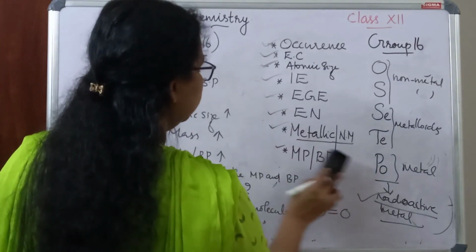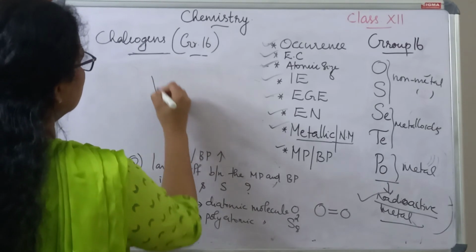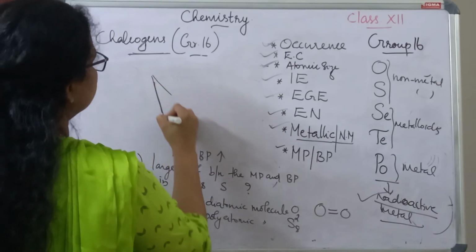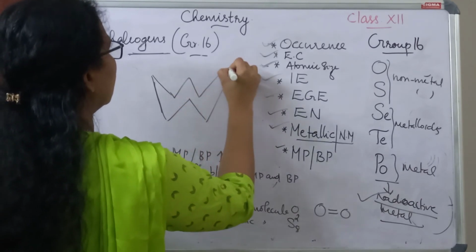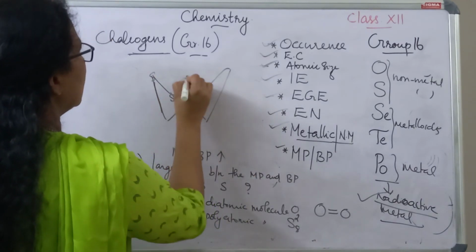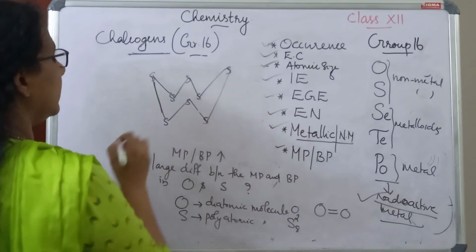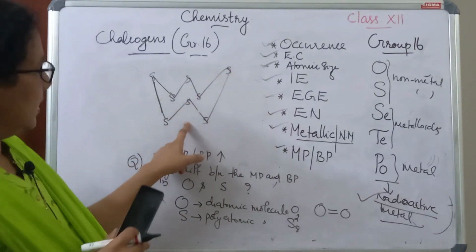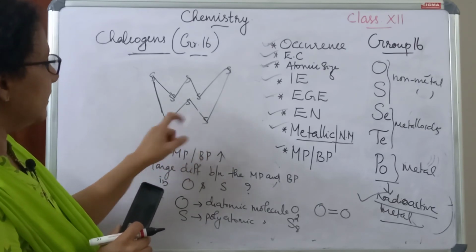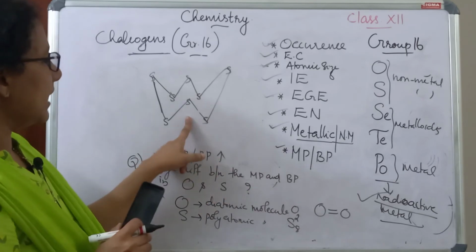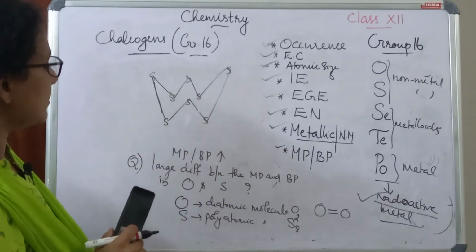The structure is a crown-like structure or a puckered ring structure in the case of sulfur.